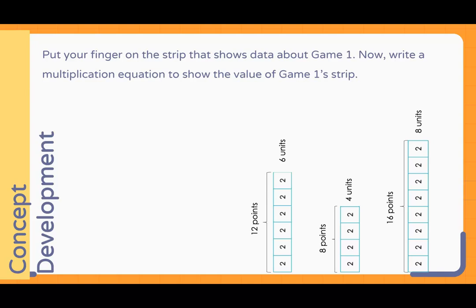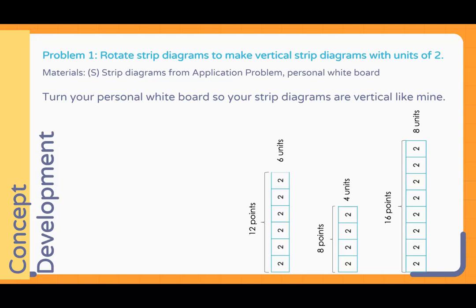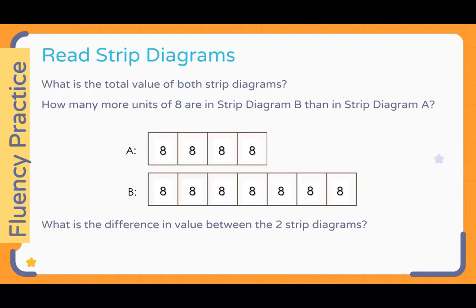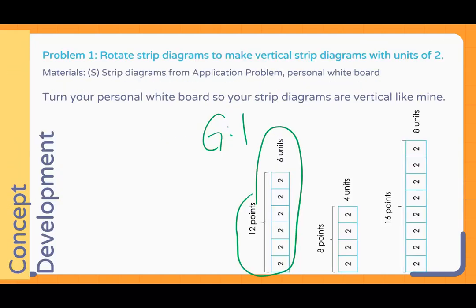Okay, so put your finger on the strip that shows data about game 1. If we remember, for game 1, she did 12 points. So this would be game 1. If we go back, game 2 was 8 points.